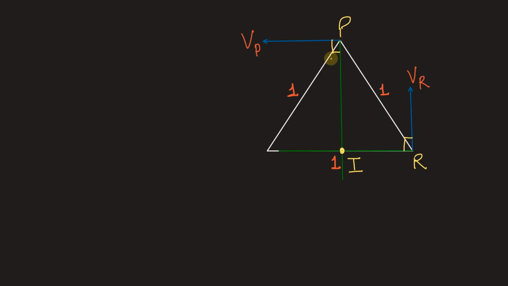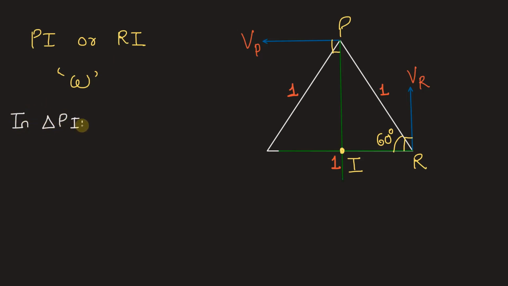Now in this triangle, all sides are equal with unit length. It's an equilateral triangle. Its vertex angle will be 60 degrees. In order to find the angular velocity omega, it's either PI or RI that we need to calculate.